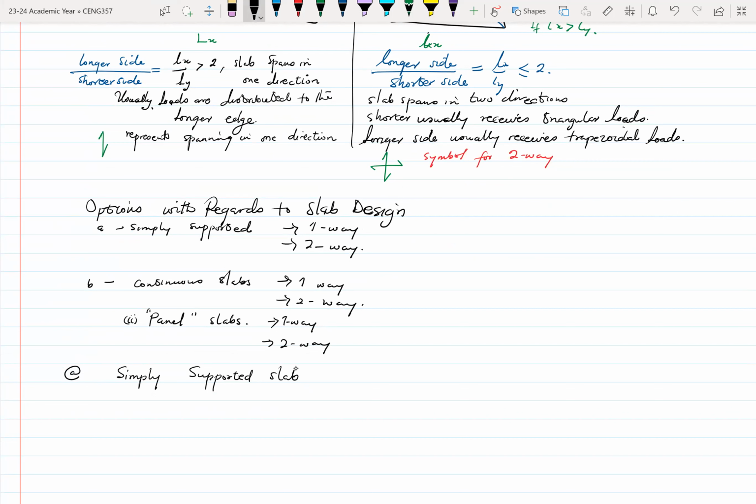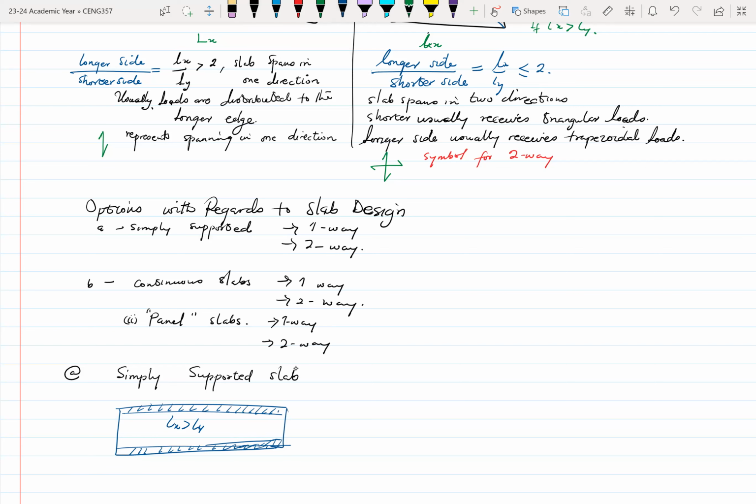If it's one way, you would realize that this is how a typical one-way slab would look like. So normally the loads get transferred to the beams on the longer edge, because maybe your LX is more than your LY.